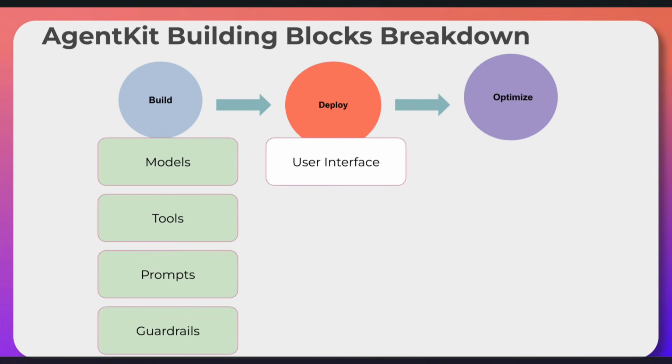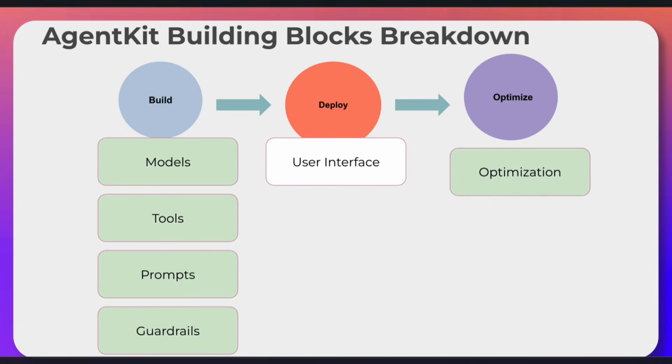On the deployment side of things, we have a user interface which is attached to it. So we'll see once we build these agents, we're able to create a user interface that is on top of our agent workflow. And then we're able to take this user interface and put it in a website or any other applications that we may have available.